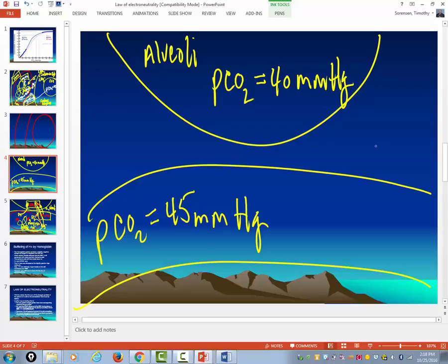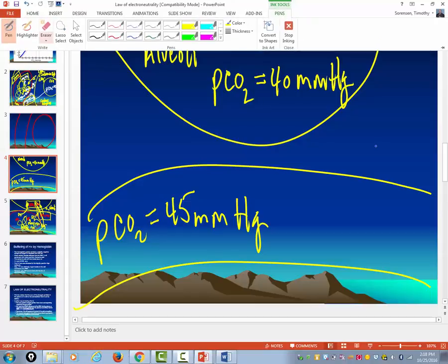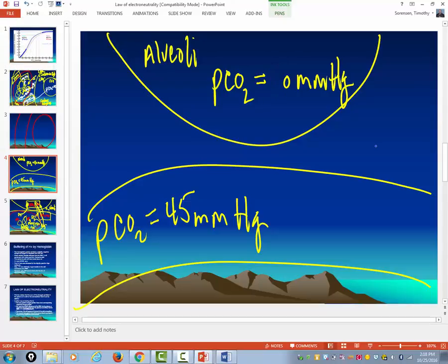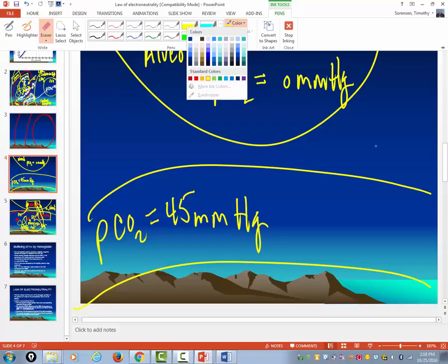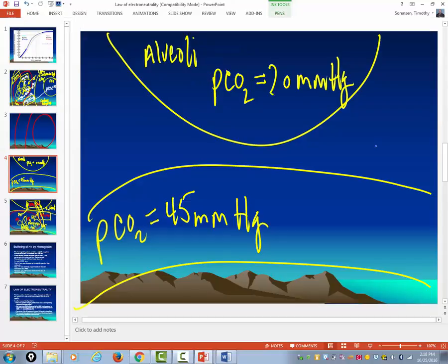So if you begin to hyperventilate, breathing faster and deeper than normal, and you're not producing any more carbon dioxide than normal, the PCO2 within the alveoli is going to go down because you are blowing off more CO2 than you actually need to.